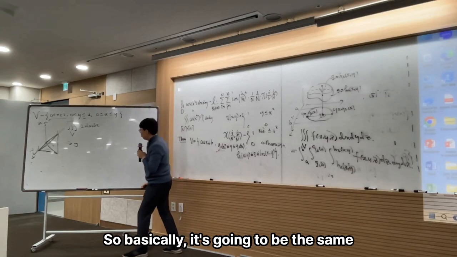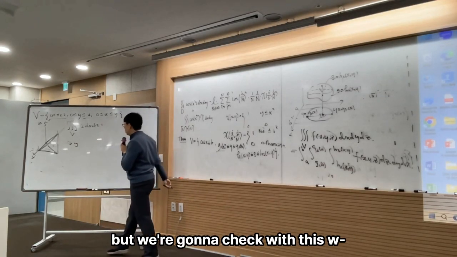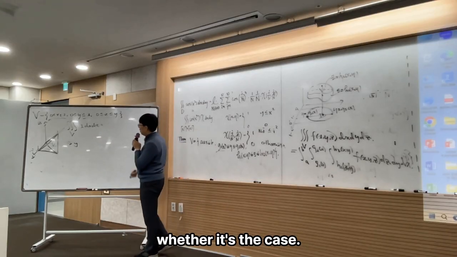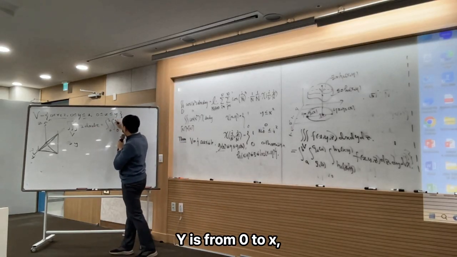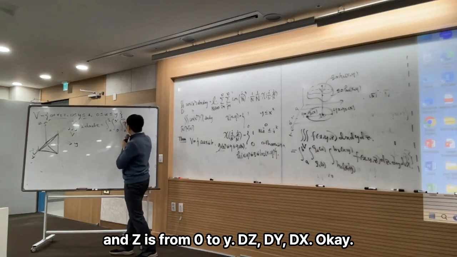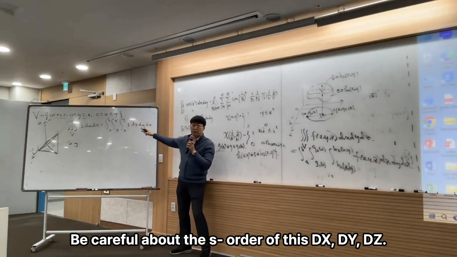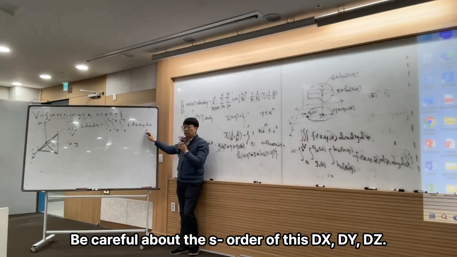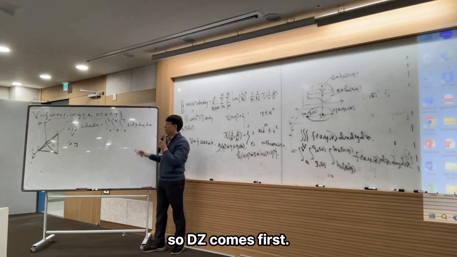Basically it's going to be the same as the volume of this V, but we're going to check whether that's the case. So we have x from 0 to 2, y from 0 to x, and z from 0 to y, dz dy dx. Be careful about the order of dx, dy, dz. You're taking the dz first, so dz comes first.